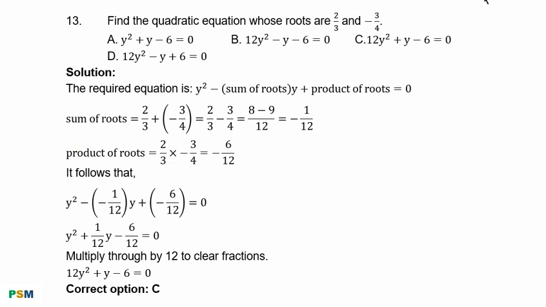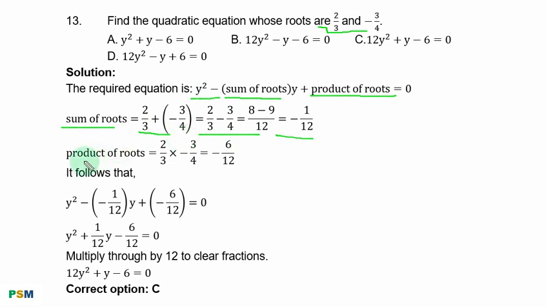Question 13. Find the quadratic equation whose roots are 2/3 and minus 3/4. Solution. The required equation is y squared minus sum of roots times y plus product of roots equal to 0. Let's get sum of roots. You add the two roots, simplify, you have minus 1 over 12.